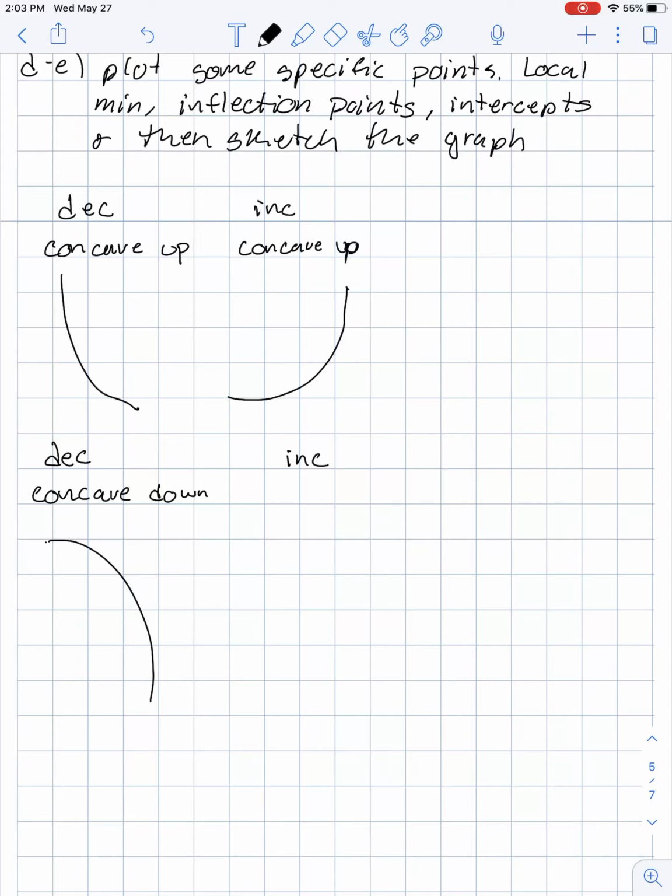And if we're increasing and concave down, we are going to look like that. Okay? So think of just like the other sides of a cup and a frown.